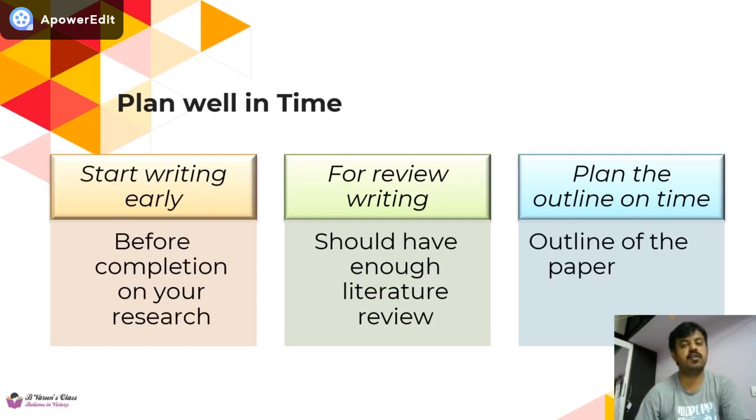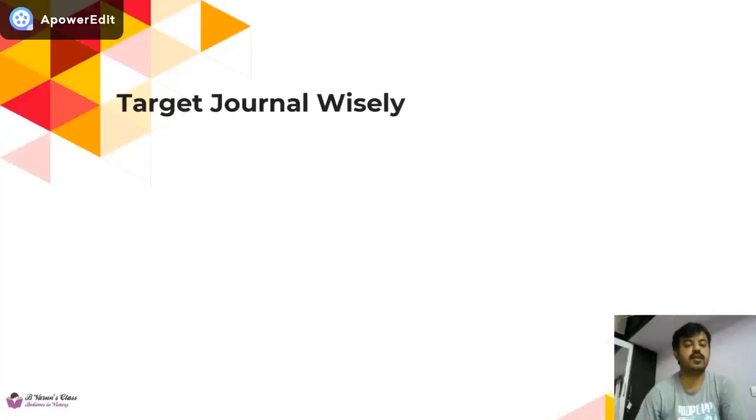When we start the academic writing, we should sit along with our co-authors or our supervisor to decide what the report is all about and how to structure the report. So, under the topic of when to write, we should start writing early. To complete the review writing, we should go through a number of literature surveys. And the last one, first we should decide the outline of the report.